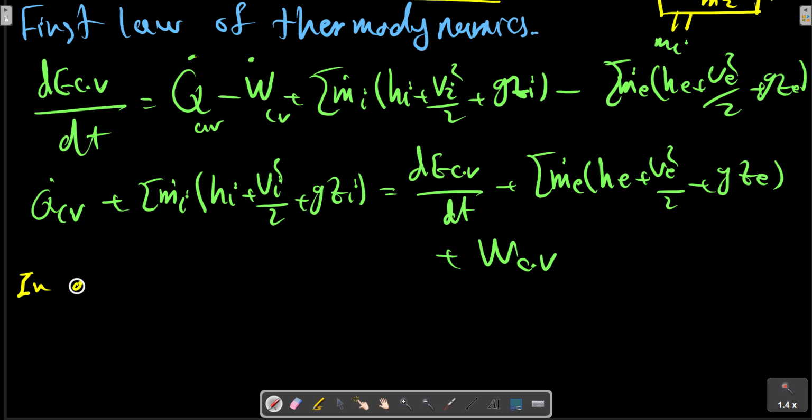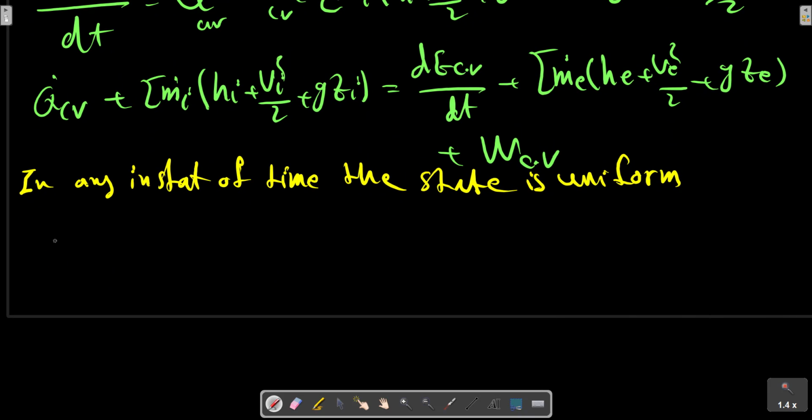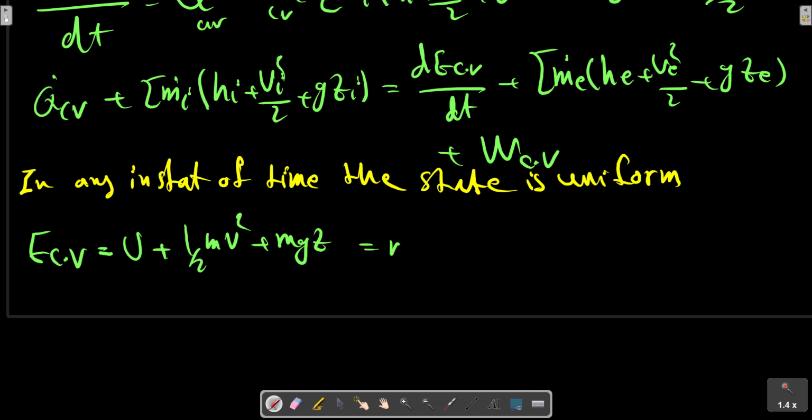Since at any instant of time the state within the control volume is uniform, we have this relation for E control volume equals m times (u plus V squared over 2 plus g z), or the internal energy, kinetic energy and potential energy of the control volume.